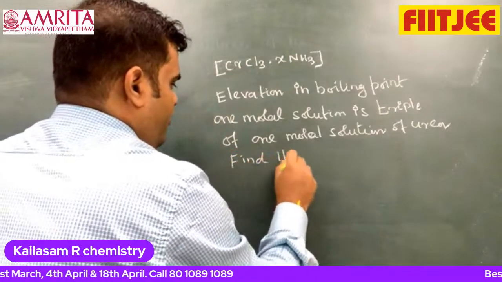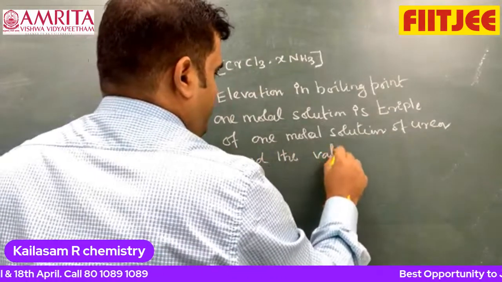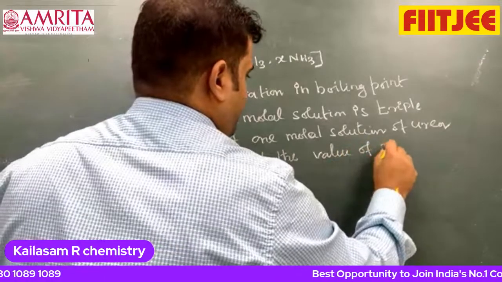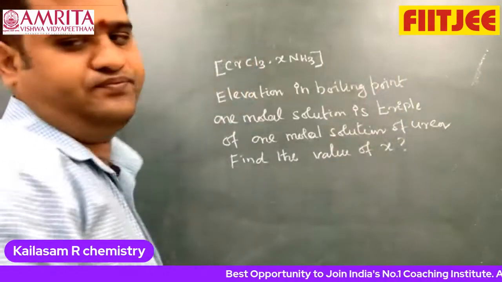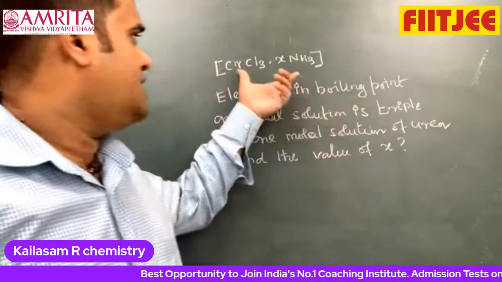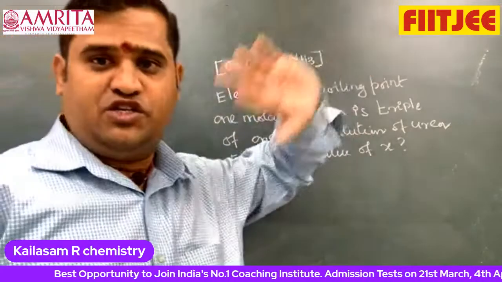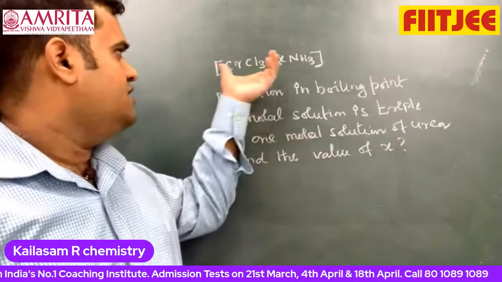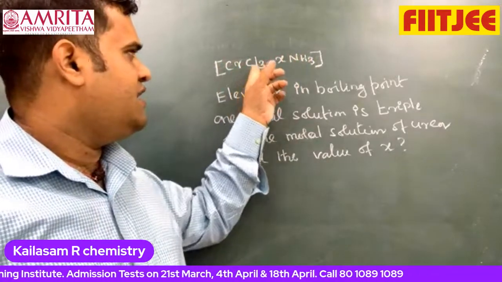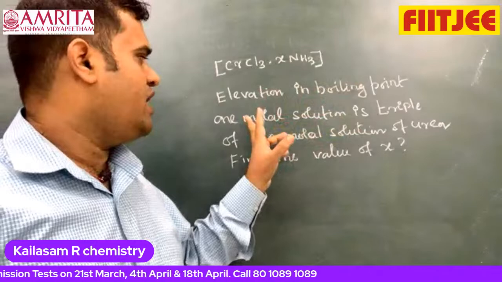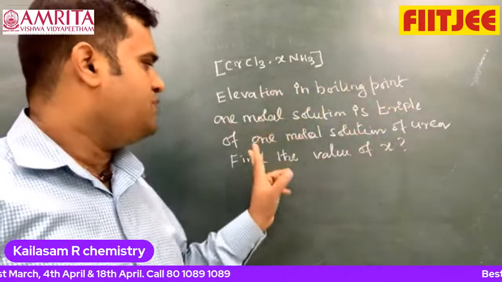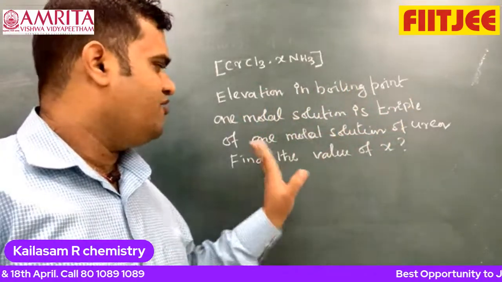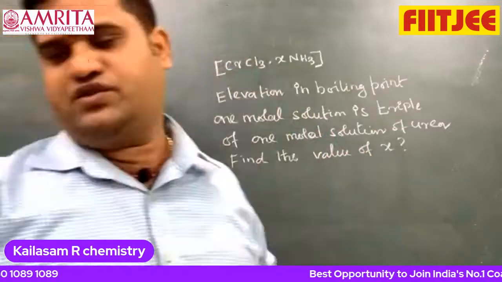Find the value of x. Assume that it undergoes 100% dissociation. So how to find the value of x? The question is, this complex is given, CrCl3·xNH3. The elevation in boiling point of a 1 molar solution is triple that of a 1 molar solution of urea. Find the value of x.